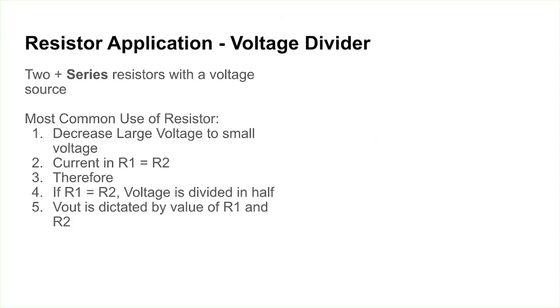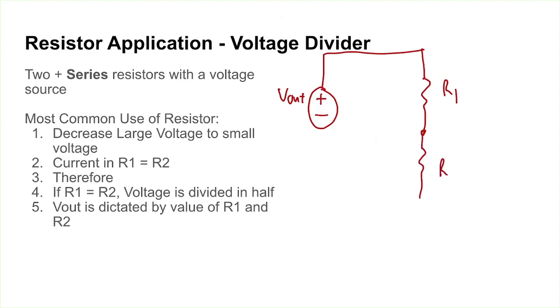So probably one of the most common applications of a resistor in avionics particularly is a voltage divider. So that means two or more series resistors with a voltage source. So say we have some voltage applied, V in, and then we have our two resistors, R1, R2.